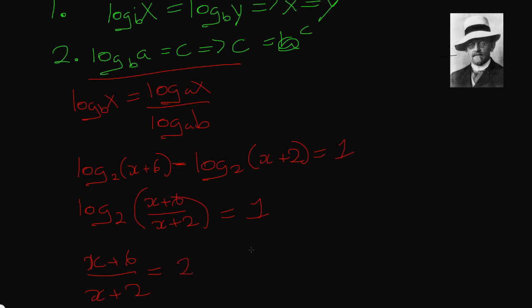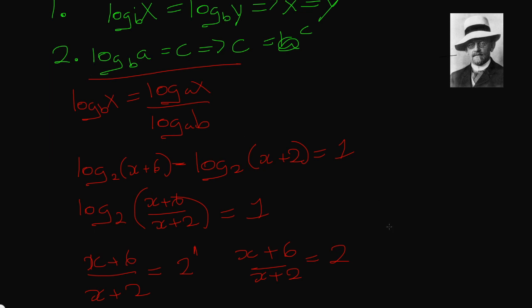So now we have x plus 6 over x plus 2 is equal to 2, remembering the rule up here.